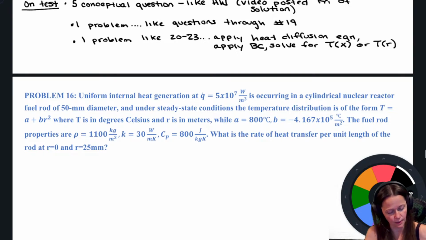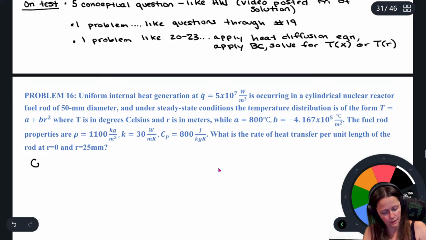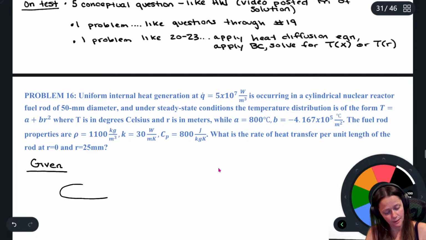So I'm going to go ahead and write that down. So there it is. I do have Q dot.